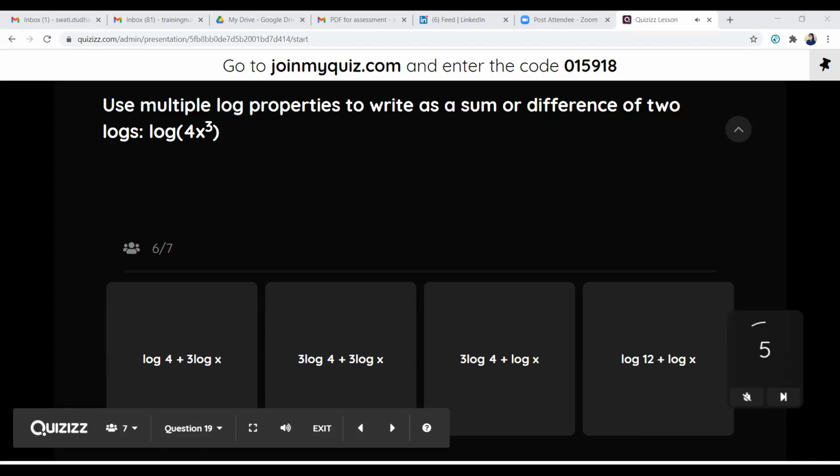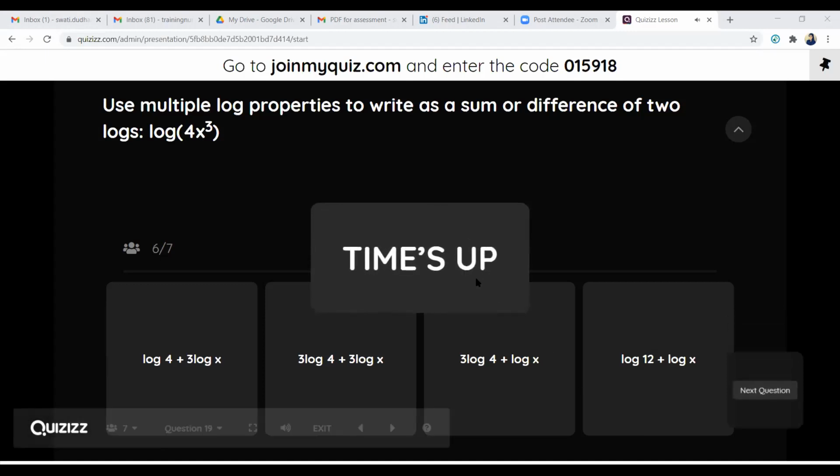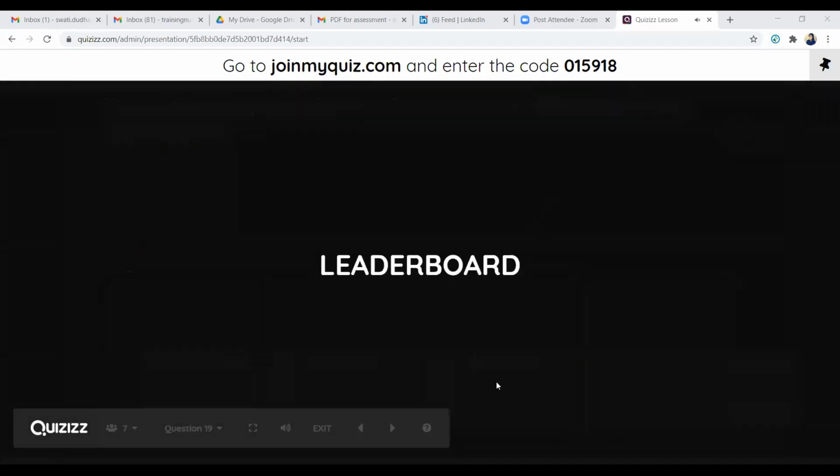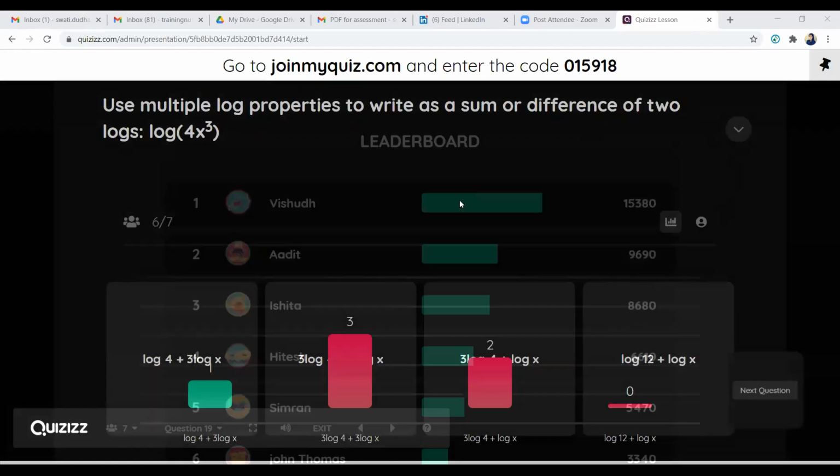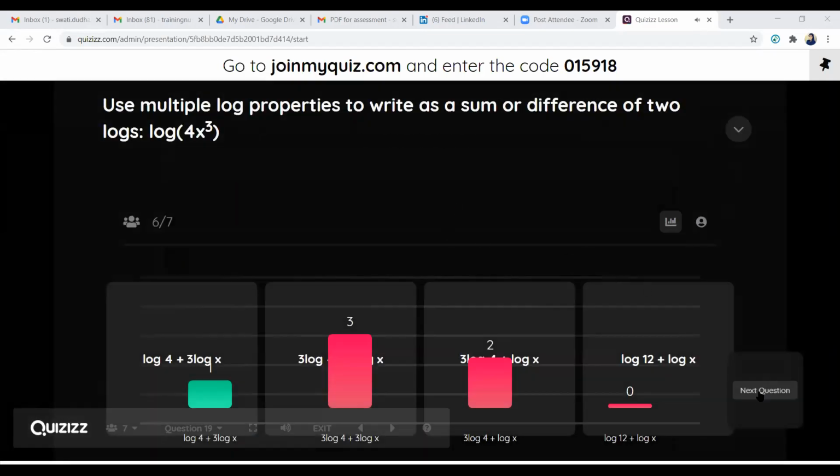Five seconds. Yes, time's up. So let's see the board. On top we have Vishut Shah, congratulations, and on number 2 we have Adit.